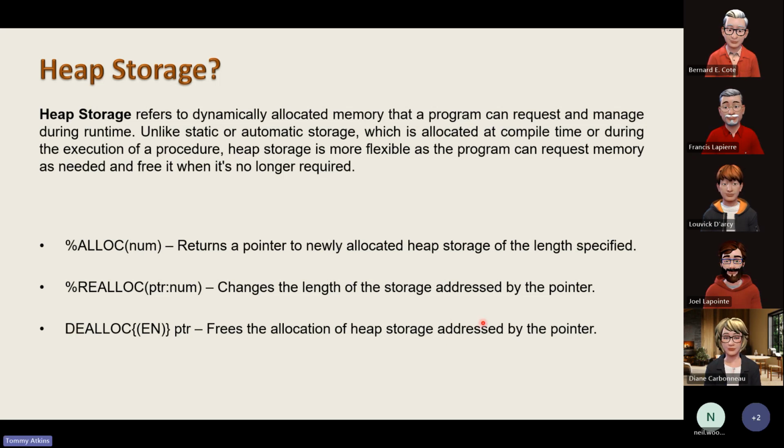Dealloc frees the allocated heap storage addressed by the pointer. You have to manage this. You have to free it up if you want to get rid of it. At the end of the job, it will be released, granted, but you take responsibility for it altogether.